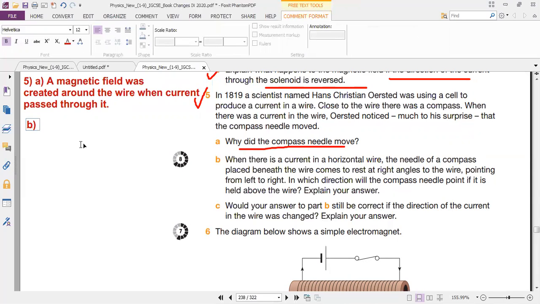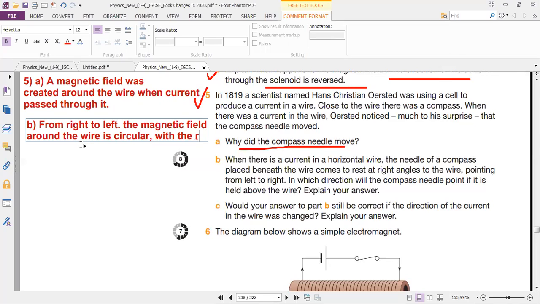Number B would be: with the wire at its center. It therefore opposite directions on opposite sides of the wire.